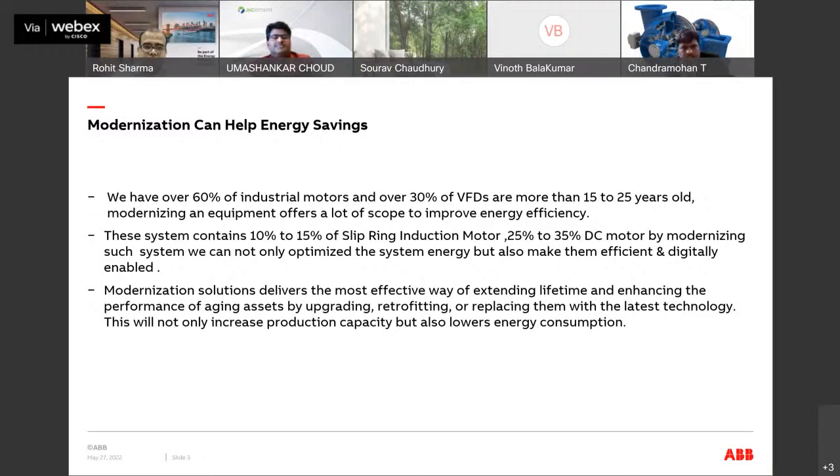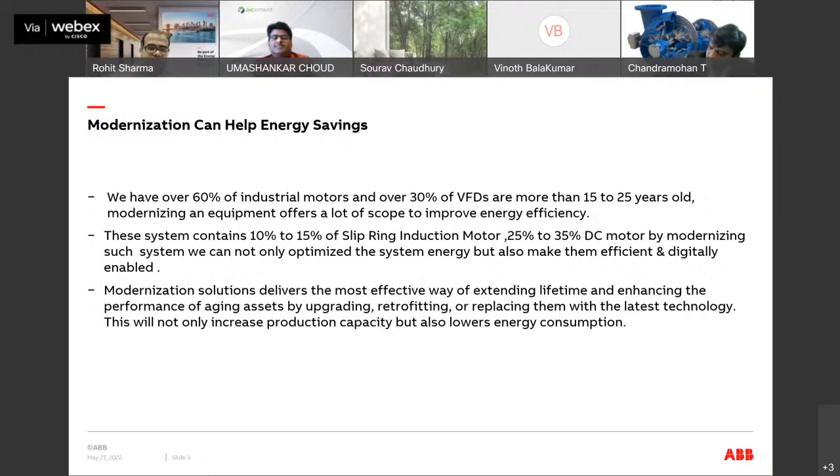So if we apply the concept of modernization and changing the technology, such systems not only optimize the system energy, but also optimize your operation in an efficient manner, because how the technology has changed generation by generation is quite evident to all of us in the recent context.